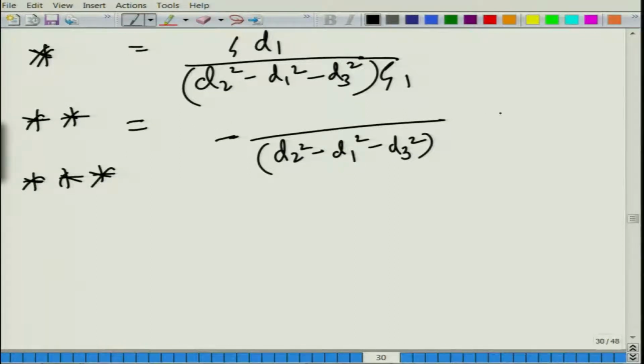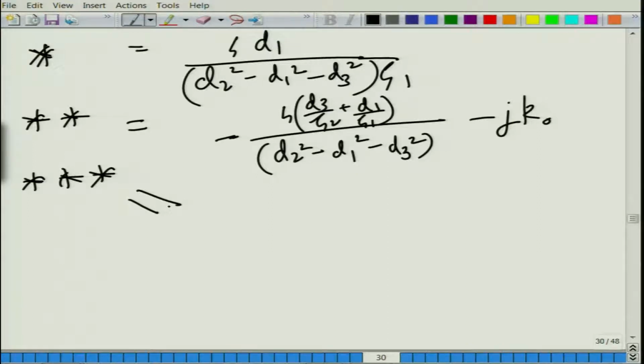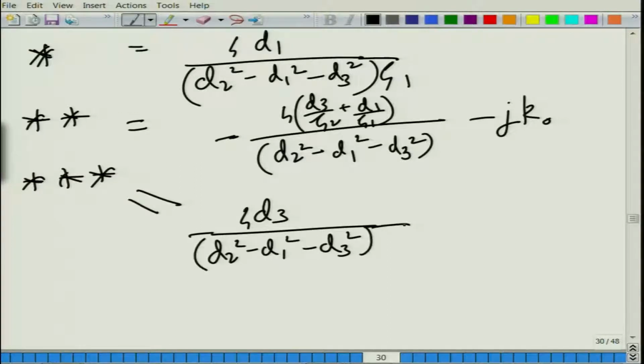So, I would write it here minus j k naught, and in the numerator of this term would be your 4 times d3 zeta 2 plus d1 zeta 1, okay. That will be this term, and this term will be your 4 times d3 and d2 square minus d1 square minus d3 square zeta 2. This will be the term.